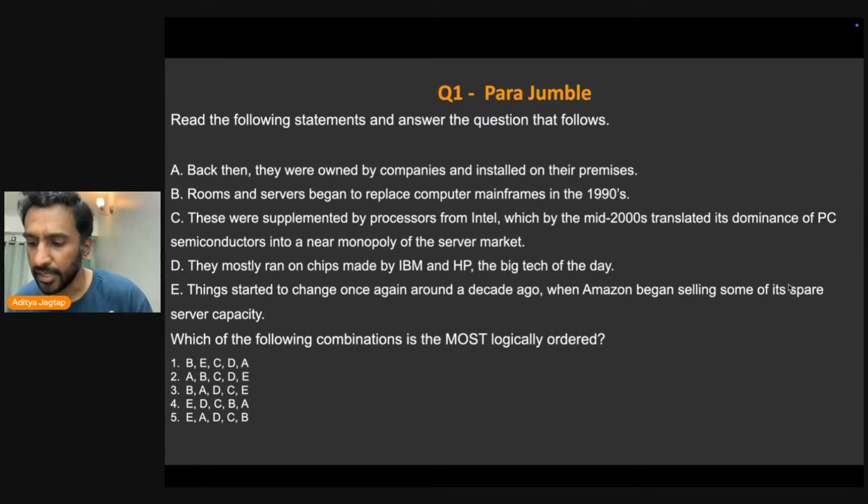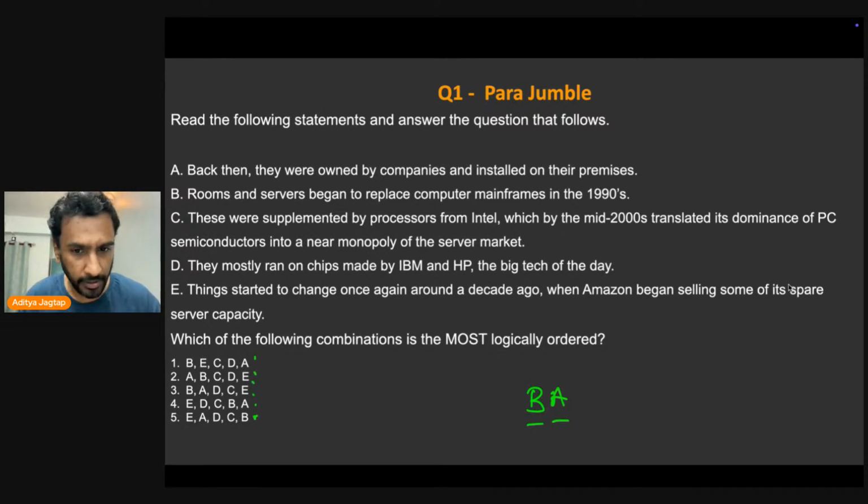Now, if you have BA, notice simply BA is not good enough for me to start looking for it here, right? Because I can make a mistake. What I want to do is, I have BA and I know that the author is generally telling me the story of servers being installed by companies and how that played out, right?